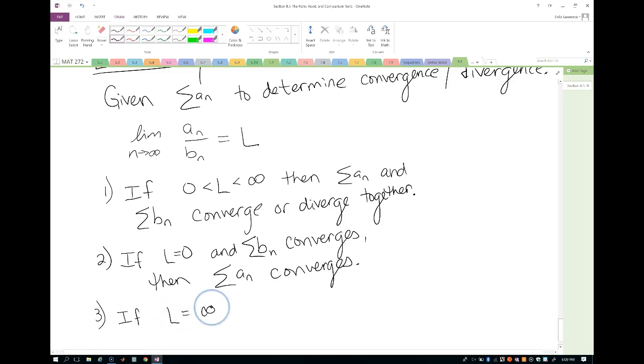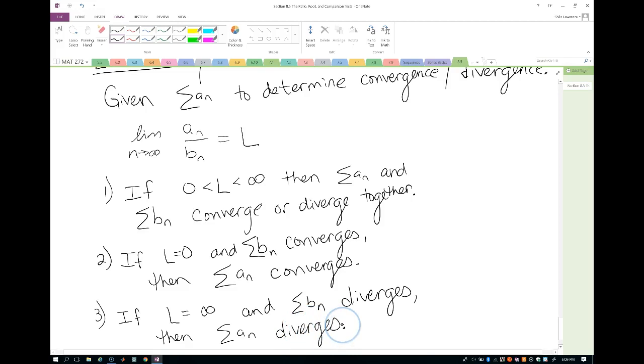If L is equal to infinity and the sum for the b sub n's diverges, then the sum of our a sub n's also diverges. So we could not use option 2 here to prove divergence. If L goes to 0, it can't prove divergence. And likewise, we can't use option 3 here to prove convergence.